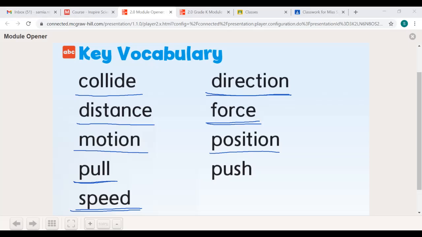Position. And push. We are going to learn about these key vocabulary words in this module. So watch for these words.